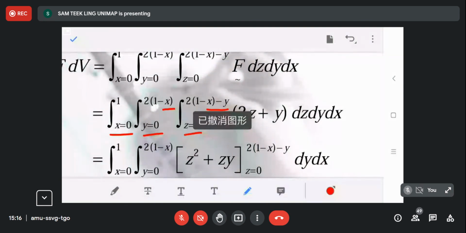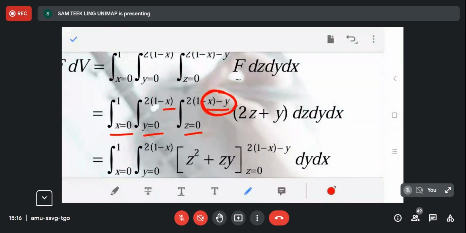So when you put your limits, please follow the order. Here the z limit has 2 variables, x and y, so you must integrate it first. Then go to the one with 1 variable, integrate second.